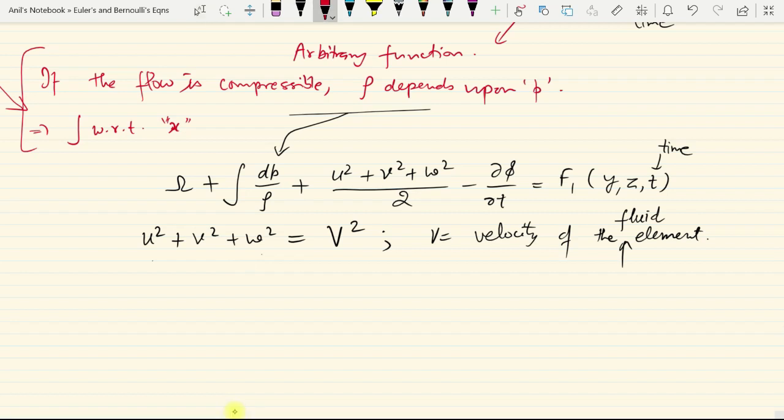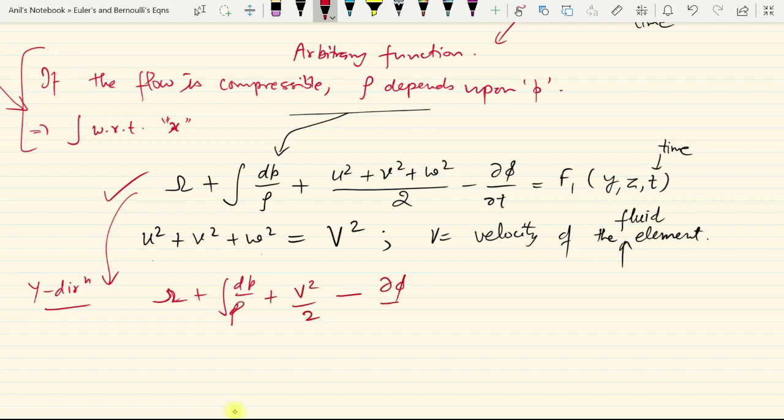Similarly, for y direction, this equation can be written as omega plus integration dp by rho plus V square by 2 minus del phi by del t is equal to some other function of x, z and t. This time we have x, z and t, not y.